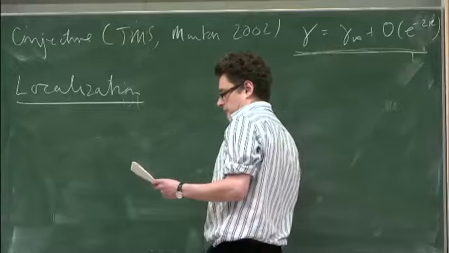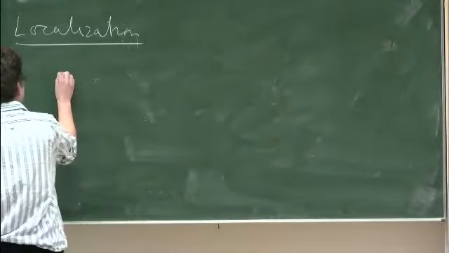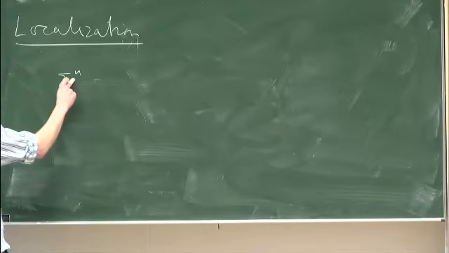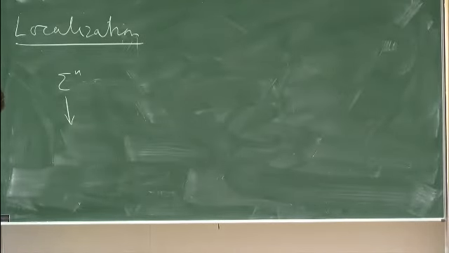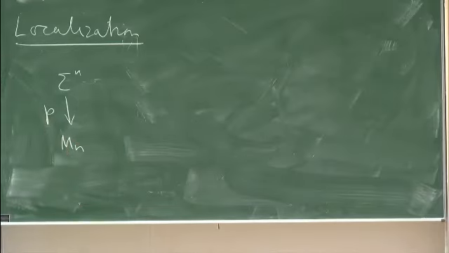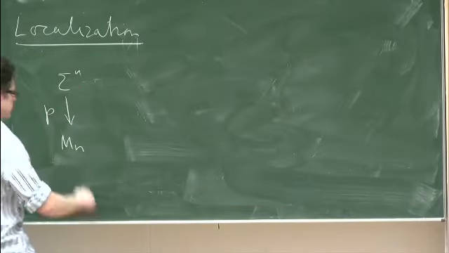Let me try and formulate this reasonably carefully. As I said before, there's a natural map from the Cartesian product of sigma n times with itself to Mn, just a projection modulo Sn.